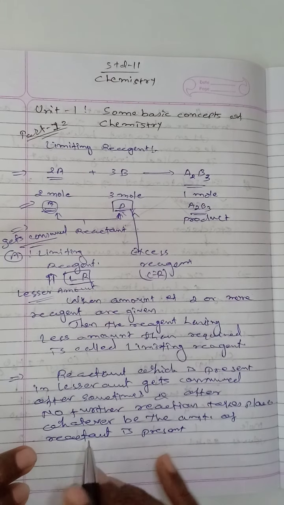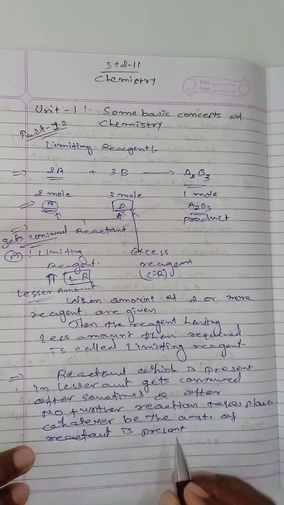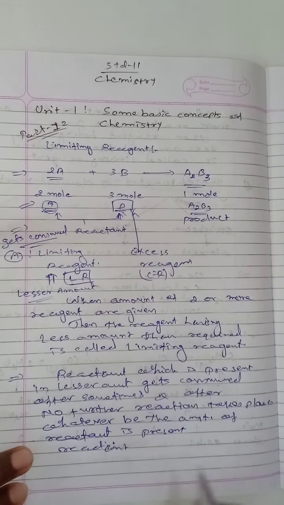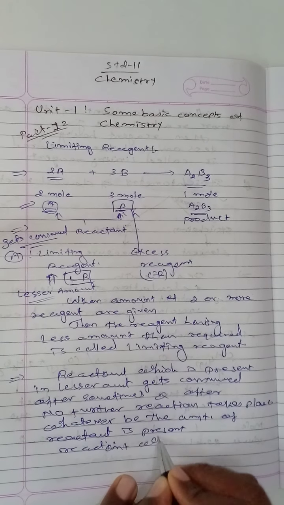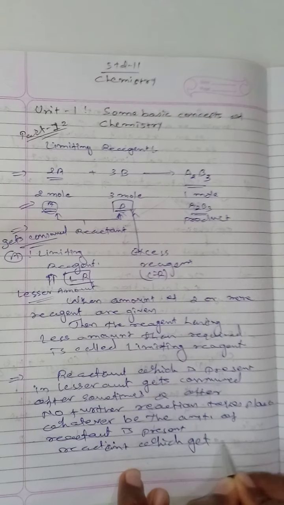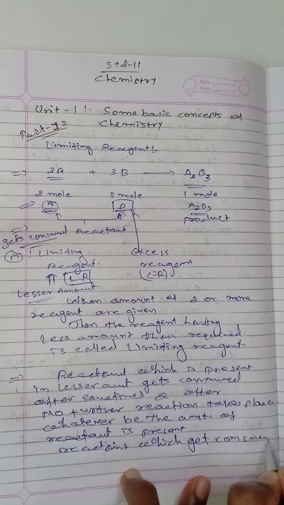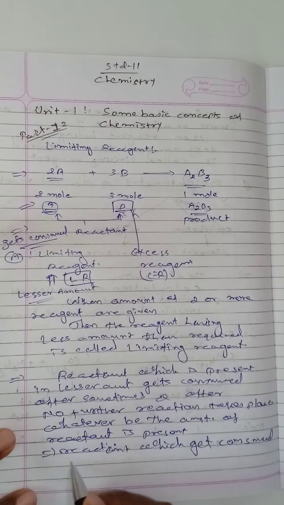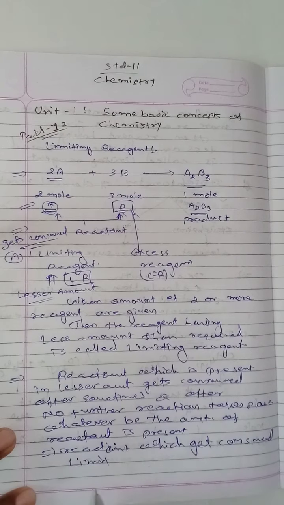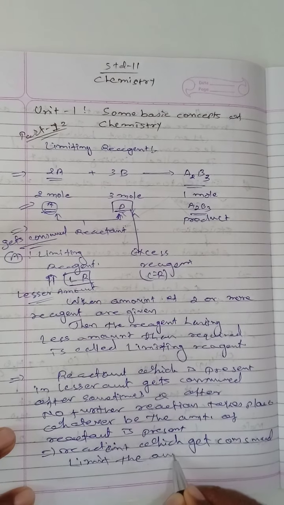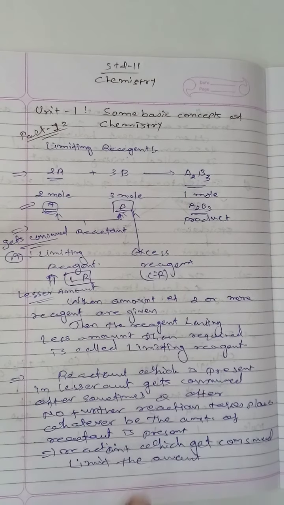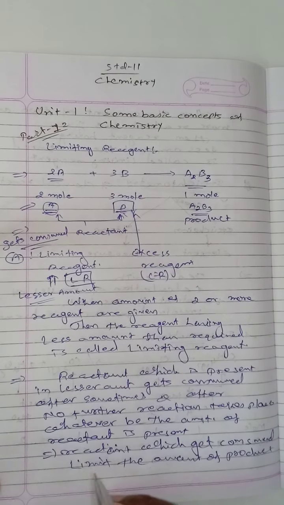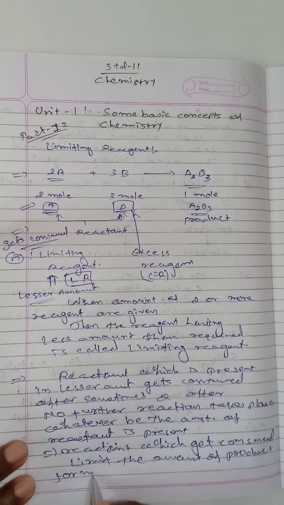So whatever amount of reactant is present, the reactant which gets consumed limits the amount of product formed.